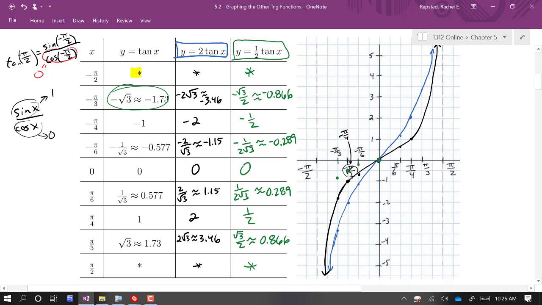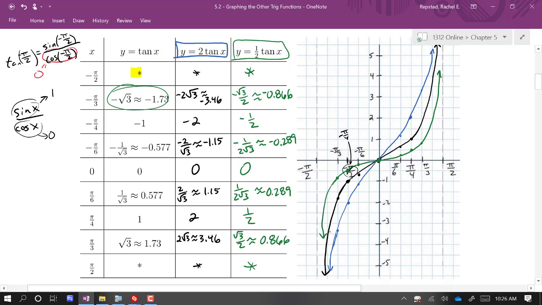At pi over 6, we're at positive 0.289. At pi over 4, we're at a half. At pi over 3, at 0.866. And then we get the same behavior as it approaches the vertical asymptote.